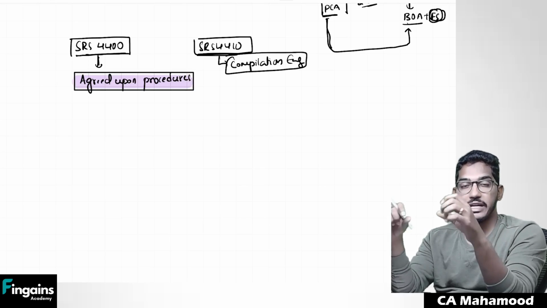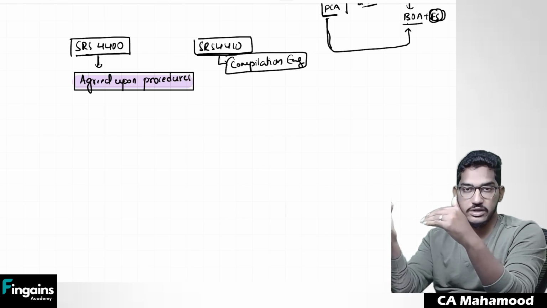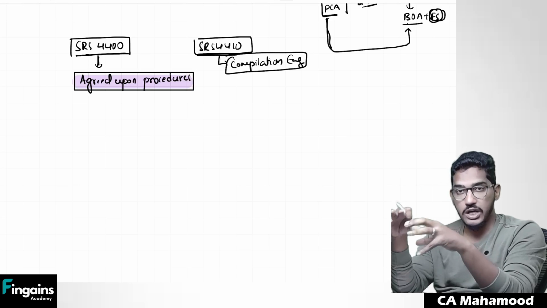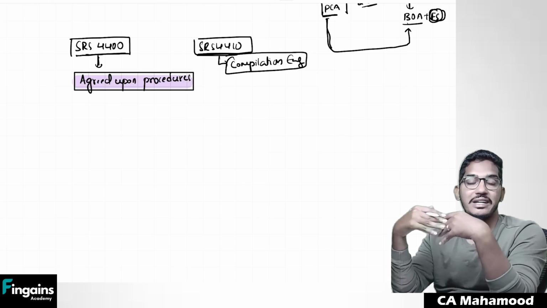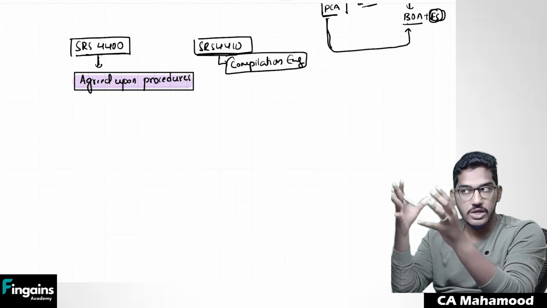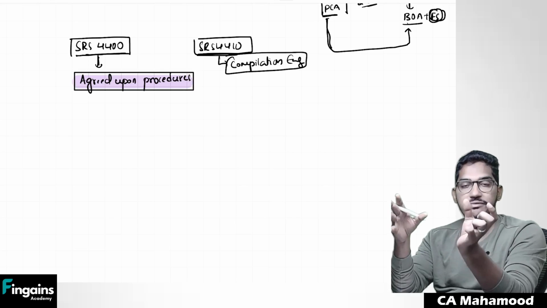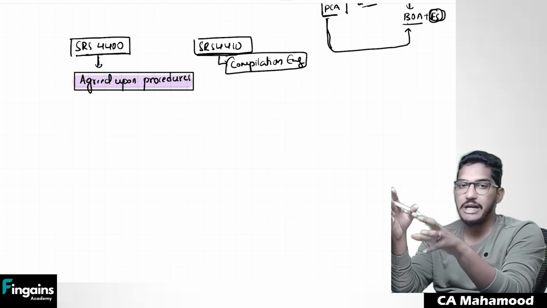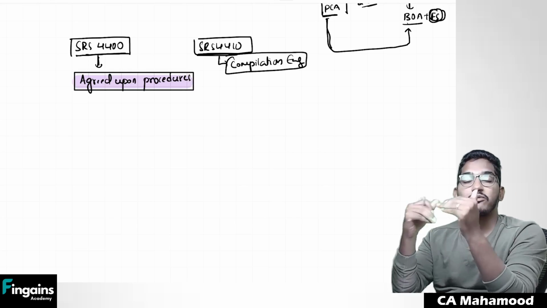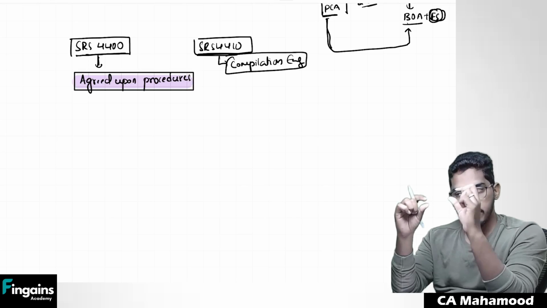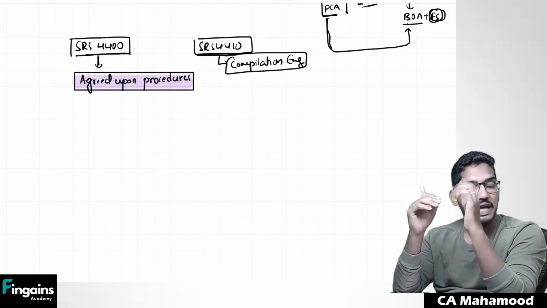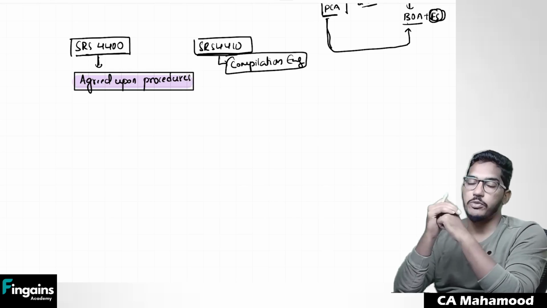We enter into an agreement with the client to perform specific procedures which the client expects from us. We do only those procedures, whatever we have agreed, and whatever our factual findings are, we report those factual findings. That engagement we call agreed upon procedures.